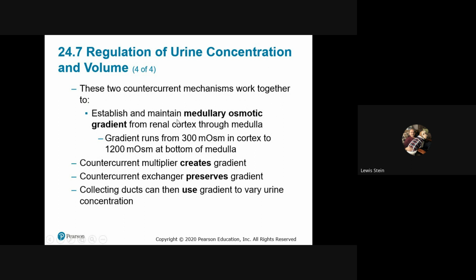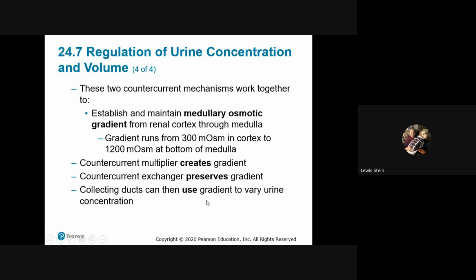Okay, and so the gradients run from within this. Understand that if 300 is basically isotonic, urine is somewhat hypotonic. So effectively we are putting out a greater amount of water, comparatively speaking. The multiplier creates the gradient, the exchanger preserves it. That's an easy way to look at it.